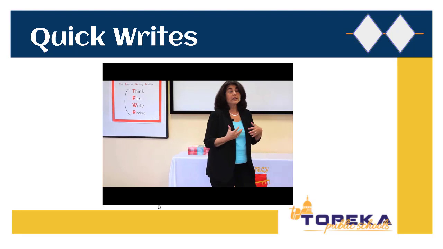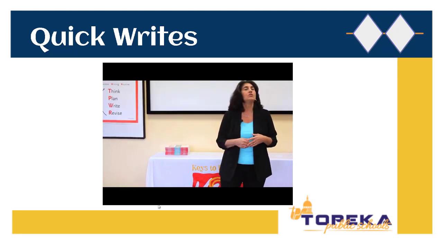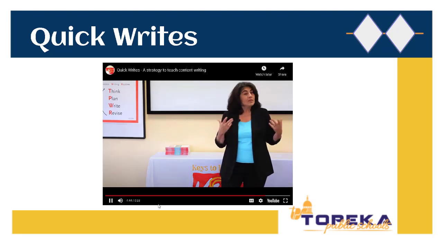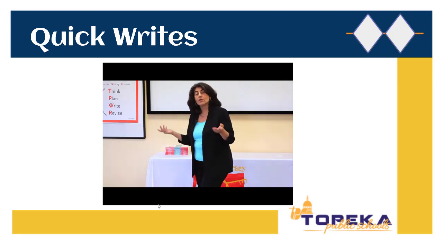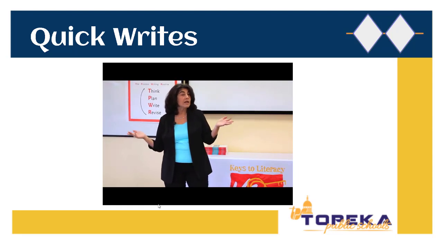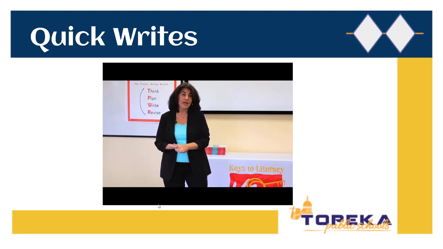If you feel like you need some sort of a grading, what you can do is say to the students, I'm not always going to grade your quick writes. Sometimes I will, sometimes I won't. The other thing you can do is say, when we do a quick write, I'm going to randomly pick 3 quick writes out of the whole class, and those are the ones I'm going to grade, but none of us know who I'm going to pick before I start grading.